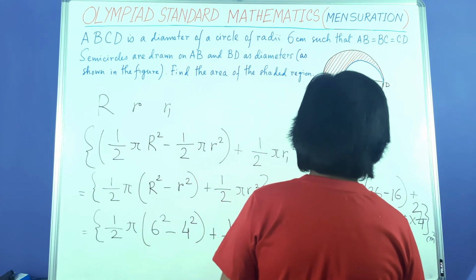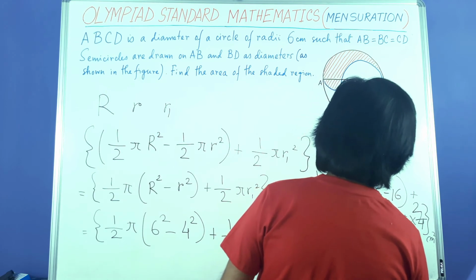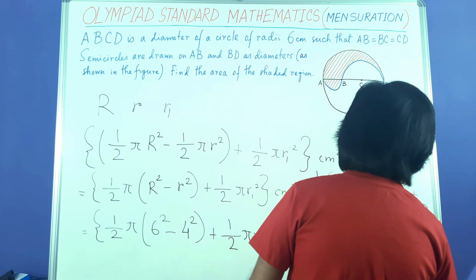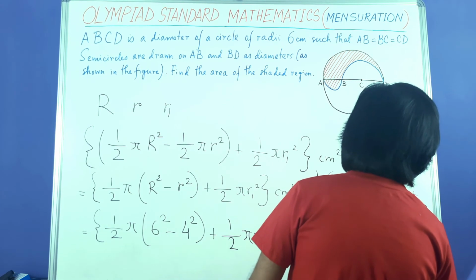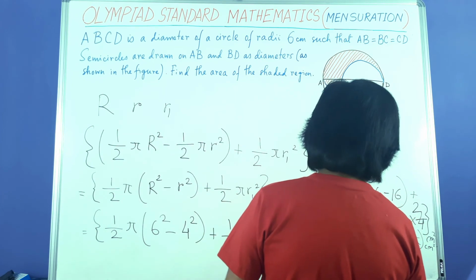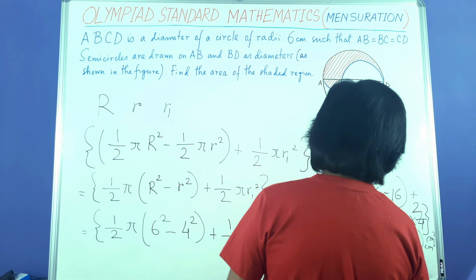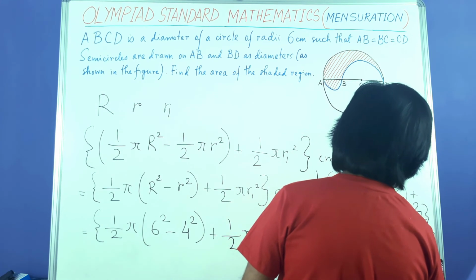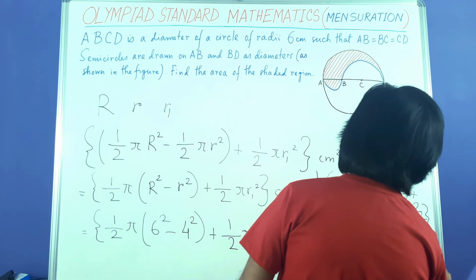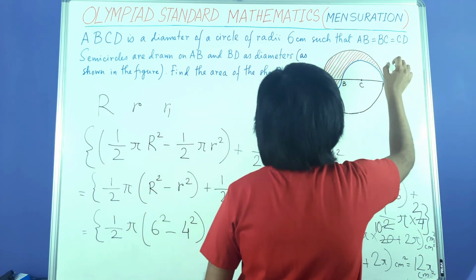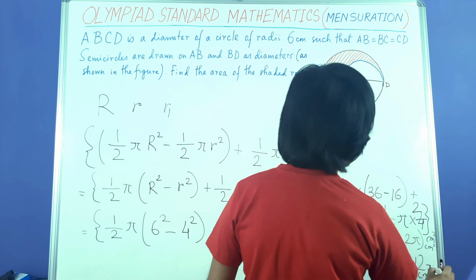We get half pi into 20, plus 2 pi centimeters squared. Now we cancel this, we get 10 pi plus 2 pi centimeters squared. Finally, this is 12 pi centimeters squared, which is our final answer, the area of the shaded region.